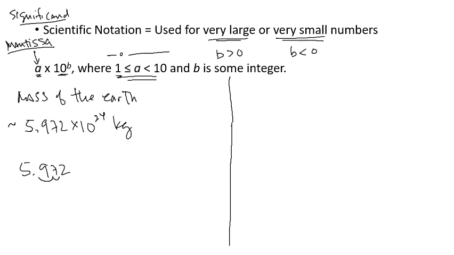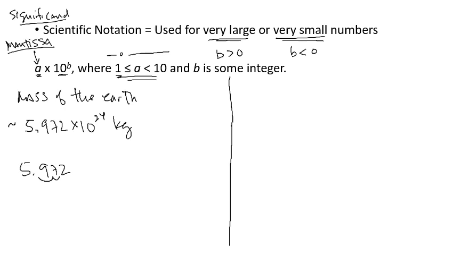By looking at these smaller values, we start to notice this pattern: whatever my value of b is, that's going to determine how many decimal places we're going to move. And in this case, because b is greater than 0, a positive value, we know this value is going to get larger, so it's going to move to the right.